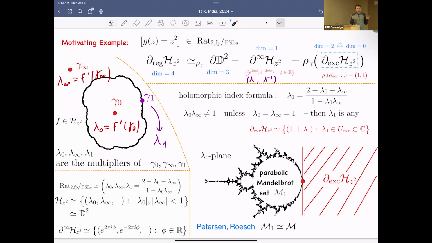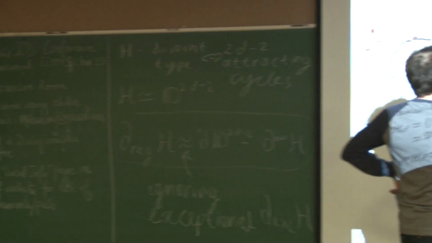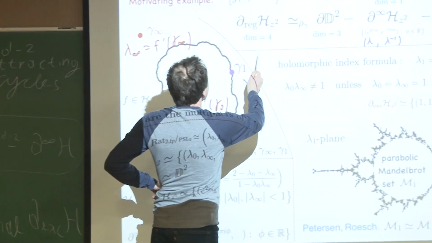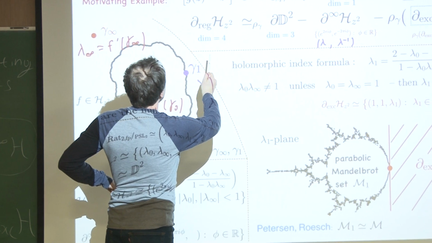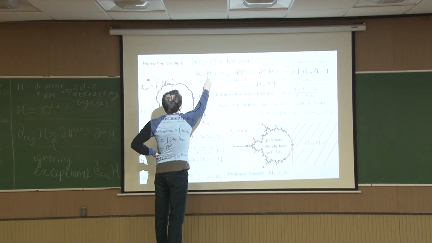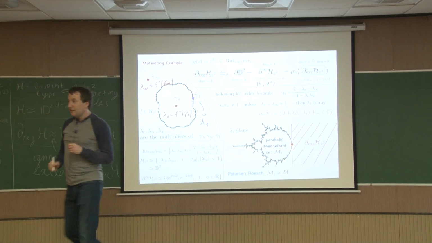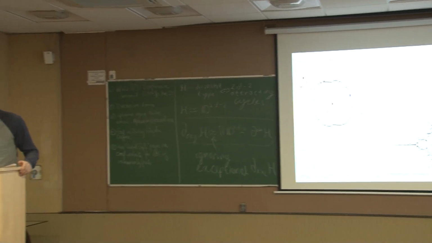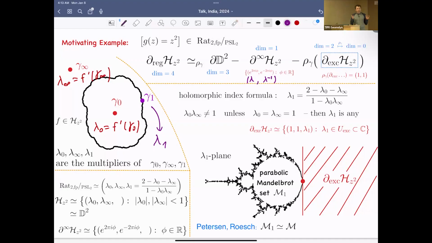On the upper right, you have dimensions. Could you go through those dimensions? Yeah, so this is the full dimension of the hyperbolic component. Yeah, so this is the dimension of the boundary.